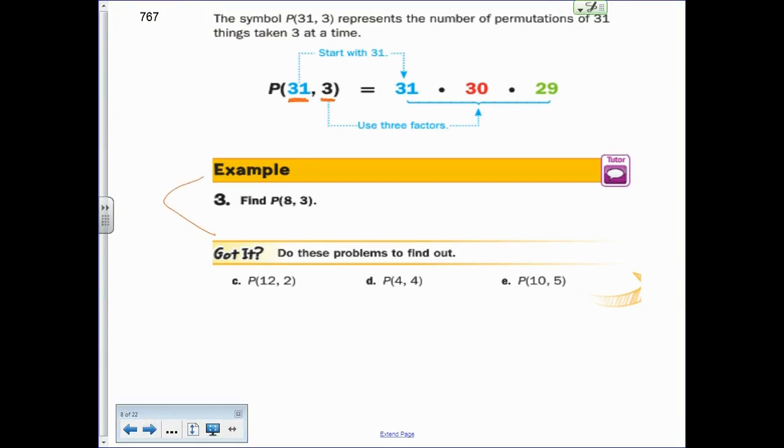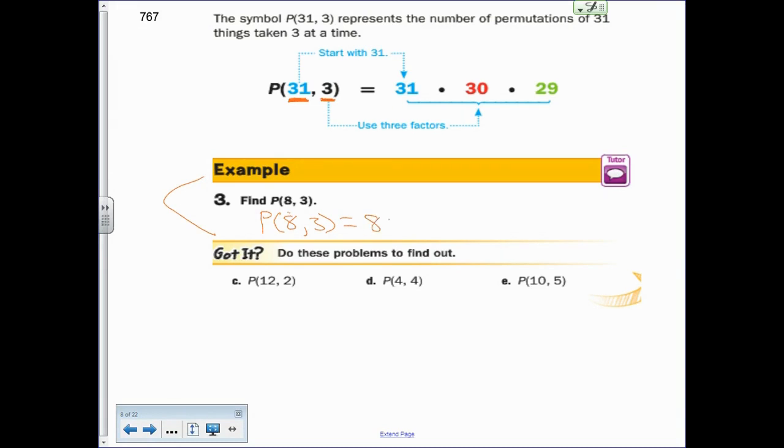This here tells me to find a permutation of 8 items 3 at a time. So I'm going to permutate 8 items 3 at a time, which means I'm going to start with 8 items. There are 8 possible outcomes for the first choice.